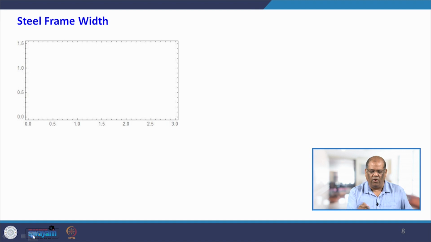Let us take another example. In this particular example, you have a steel sheet. The rectangular frame which you see is some steel sheet. I ignored the thickness of the sheet. Now, you have been asked to make a steel frame.